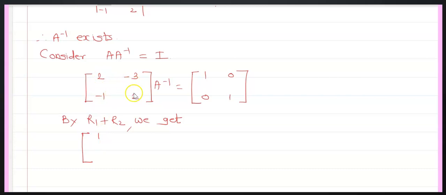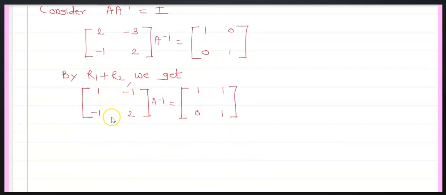You will get 1. And again this, that is minus 1, minus 3 plus 2, that is minus 1 here. This is minus 1, minus 1, 2, and on this side 1, 1, 0, 1.